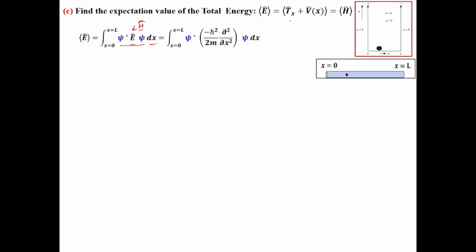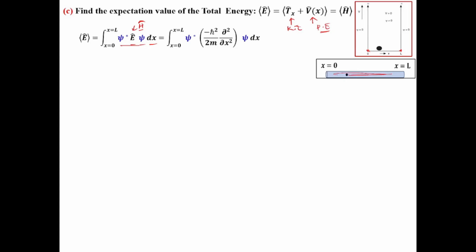Here E cap is nothing but T cap plus V cap. T is the kinetic energy operator and V is the potential energy operator. Here the particle exists in between the length 0 to L, where it is freely moving. There is no potential or force.